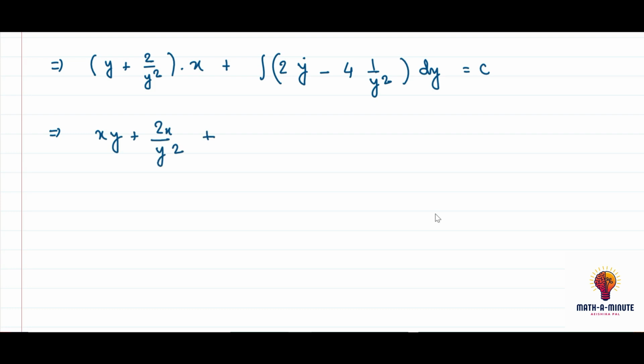If we integrate this with respect to y, it will be y square minus 4 by minus of 1 by y. We can write it in this way. So this will be our general solution of the given differential equation.